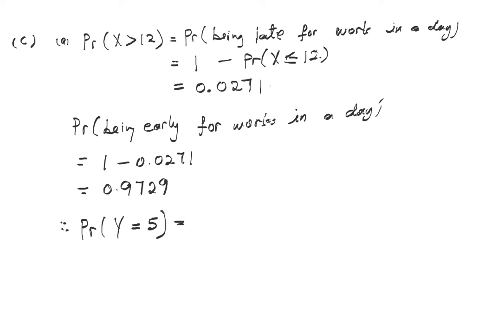So you use binomPDF 5, 0.9729 and 5. Does it achieve 80%? Got or not? Yes or no?